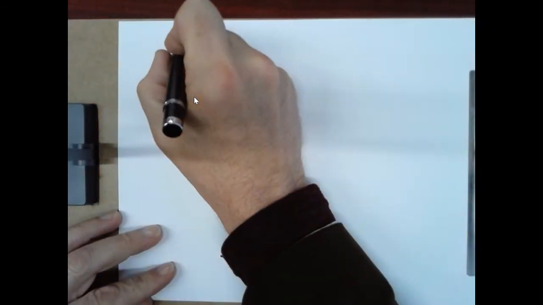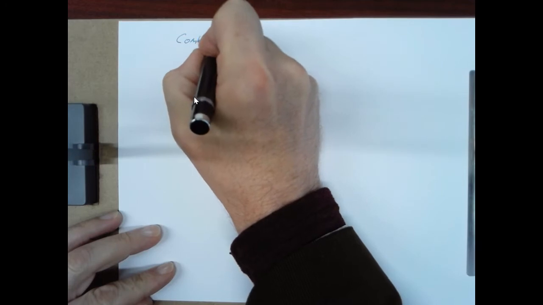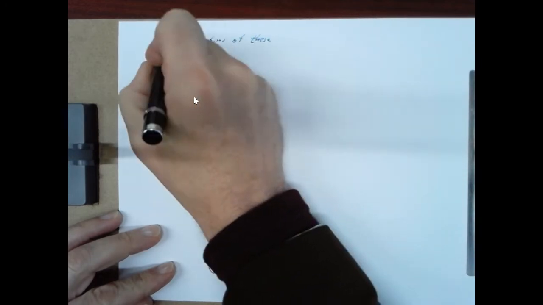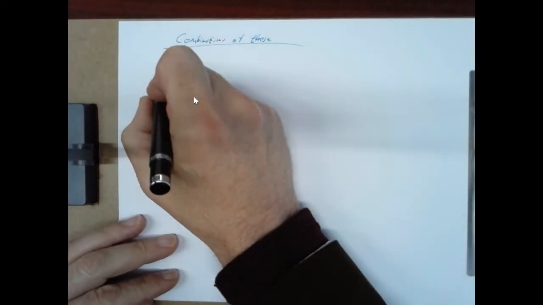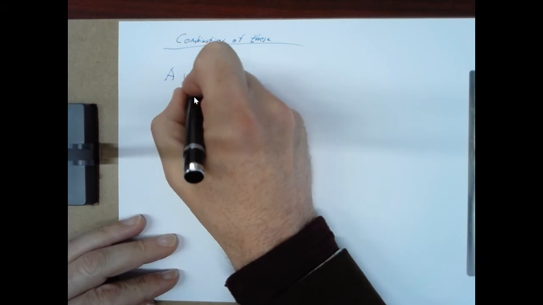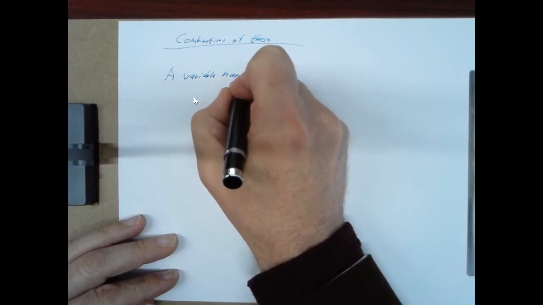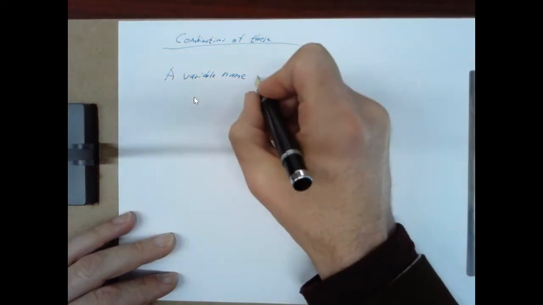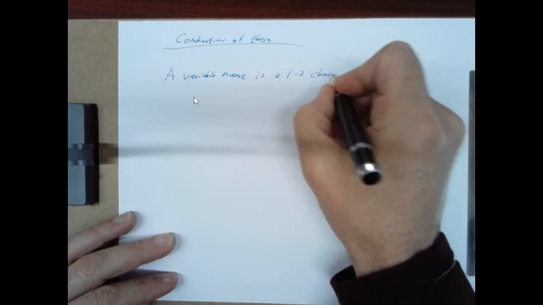And so sometimes we find combinations of these rules. For example, a variable name. So you got a programming language, and your definition of a variable is a 1 to 2 character symbol.